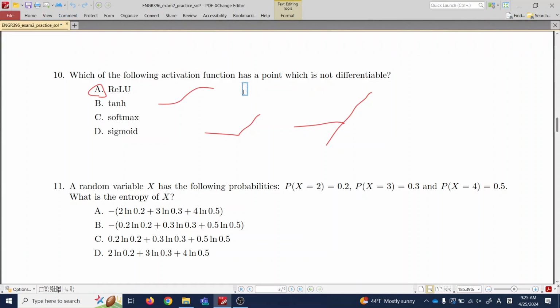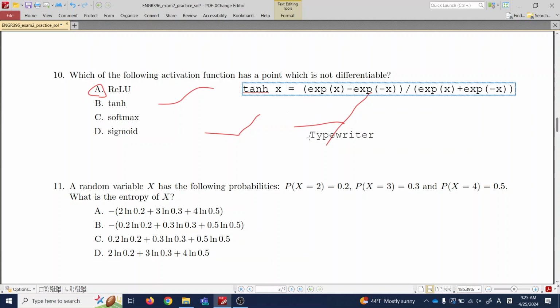So tanh x is equal to exp of x minus exp of -x divided by exp of x plus exp of -x. So that's the function. You can take this formula and put it into something like Desmos, and you can see that the graph goes between -1 and +1. Sigmoid goes between 0 and 1.